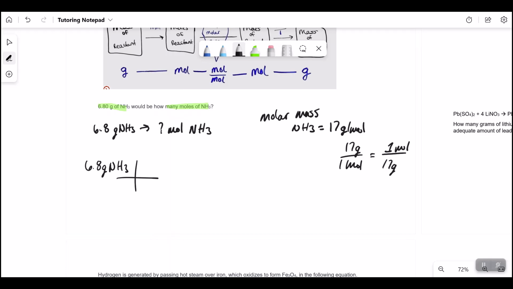Since we want our grams to cancel and be left in moles, we would use this option as our conversion. So we would have 1 mole of NH3 is equal to 17 grams of NH3. If we plug that into our calculator, we get 0.4 moles of NH3.